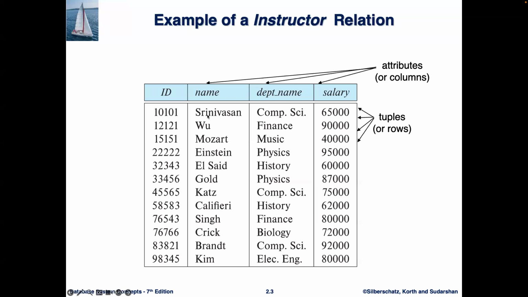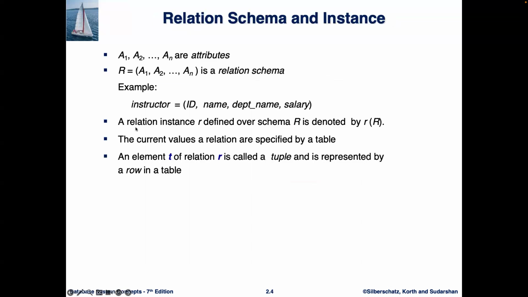So right now, within this instance, there are this many tuples. We call the instance with small r a relation instance r, defined over the schema R, and it is denoted by r(R), small letter r of capital letter R.